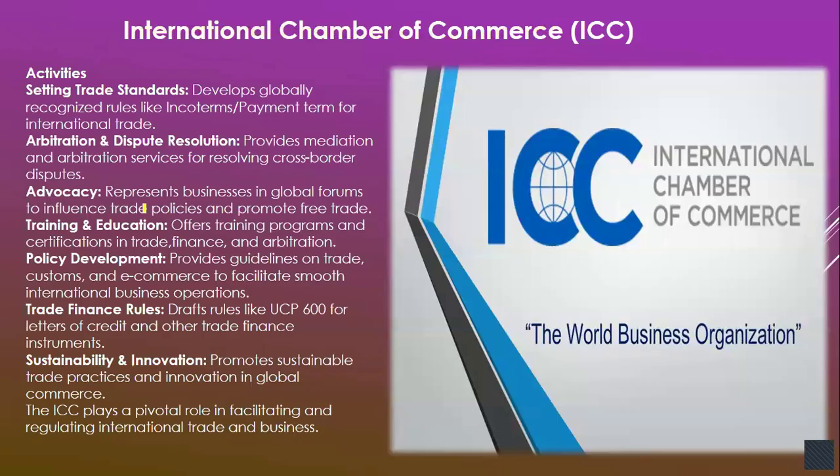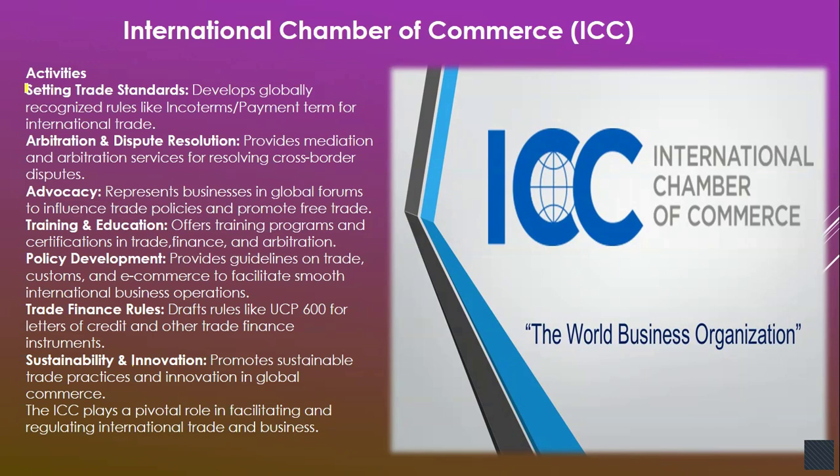And today in this session we will understand the International Chamber of Commerce. This is the world business organization which handles the clauses and rules and regulations regarding international trade globally. This ICC plays a vital role in facilitating and regulating international trade and business. What are the key activities?